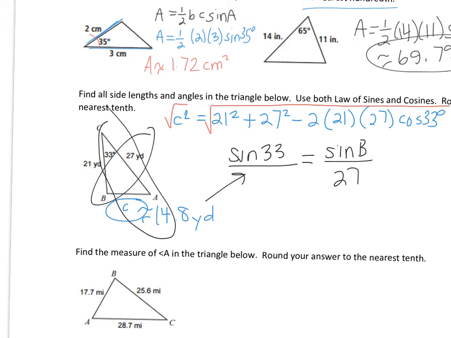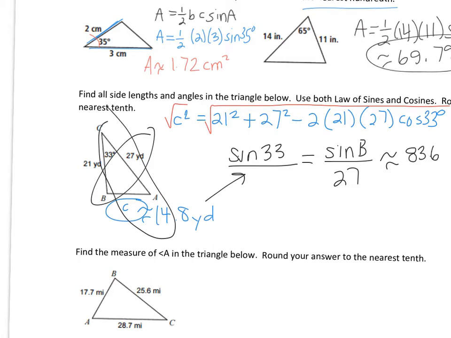So to solve for sine of B, I'm going to multiply this expression by 27 in my calculator and then do the inverse of it. And I get about, the angle B is 83.6 degrees.